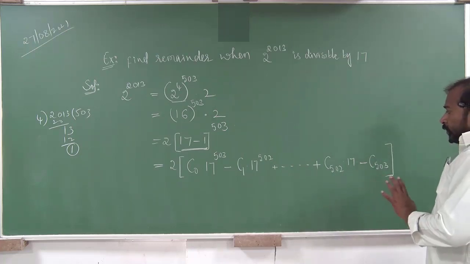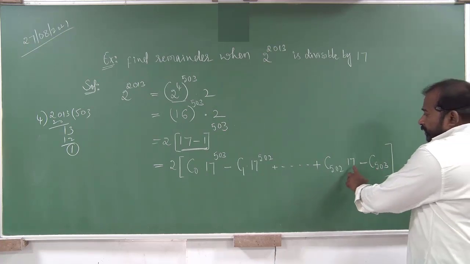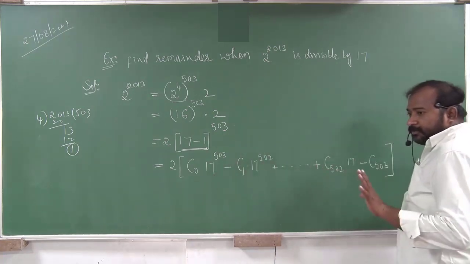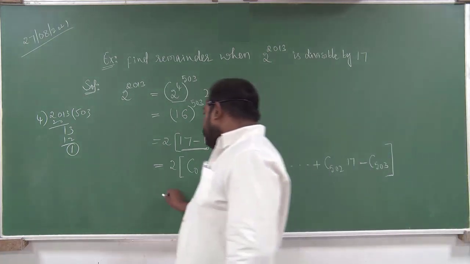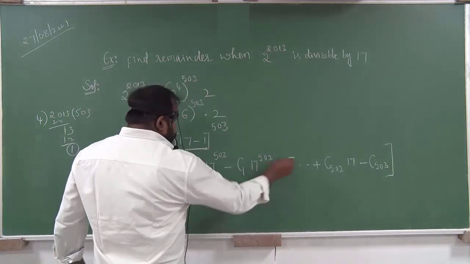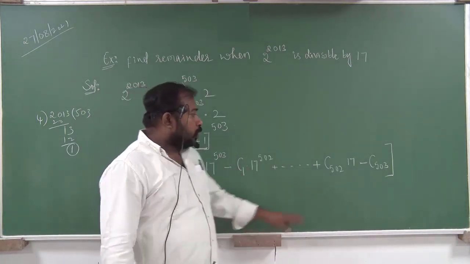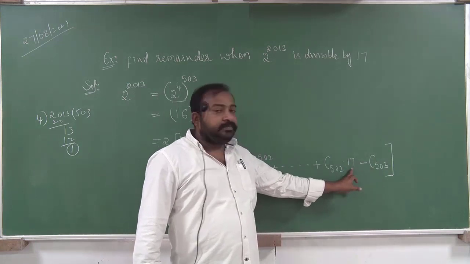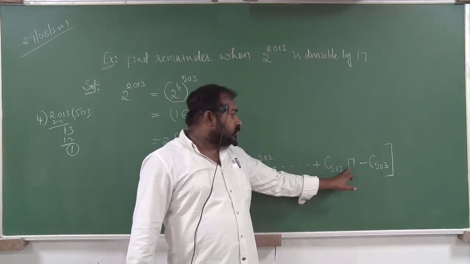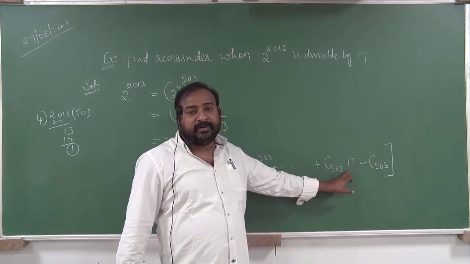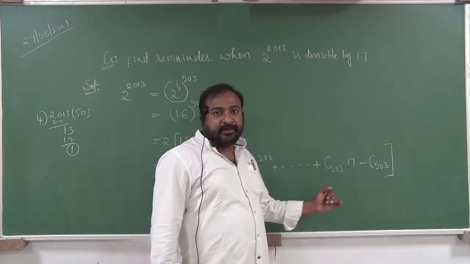So if you observe here, till here in each term 17 is there. So if you simplify, in each term 17 is there up to the last but one term. This is the last term. This is the last but one term. Even in this also 17 is there. So you can take 17 common.